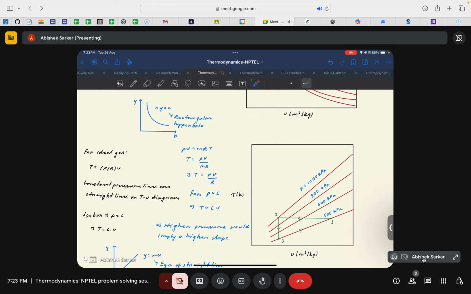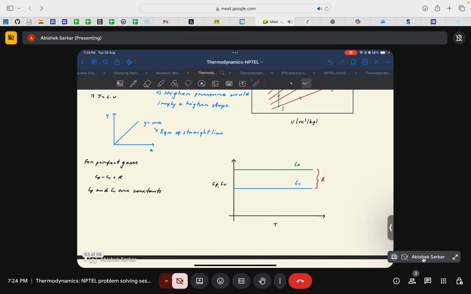As the pressure increases, say from 500 kilopascal to 1000 kilopascal, the slope of these lines also increases because it is directly proportional to pressure.